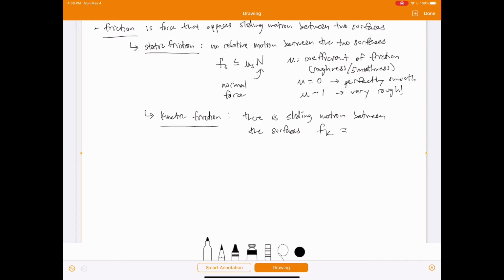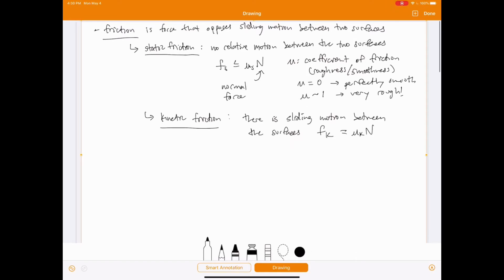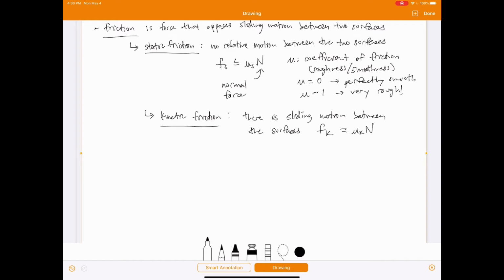So the static friction force over here is less than or equal to μs times N, and that means there is a maximum value for static friction. On the other hand, for kinetic, it's just equal to μk times N, so it's a constant value. So in other words, static friction can increase in response to other applied forces up to some maximum. That's what the inequality is telling us. Kinetic friction is just equal to μk times N. It's a constant force.